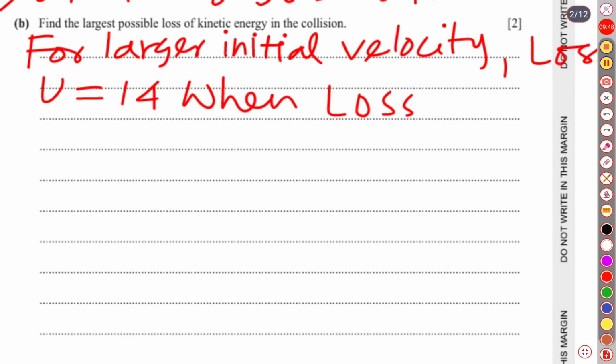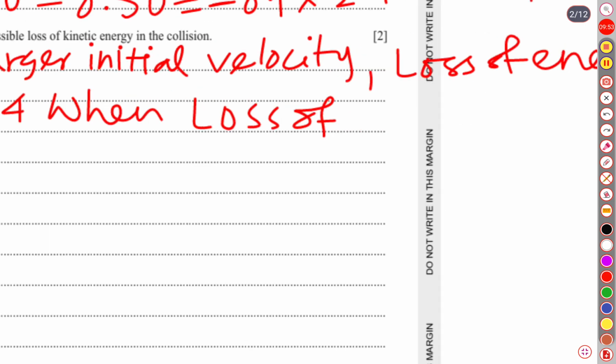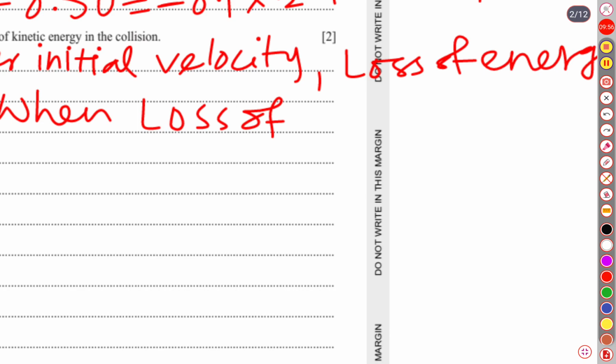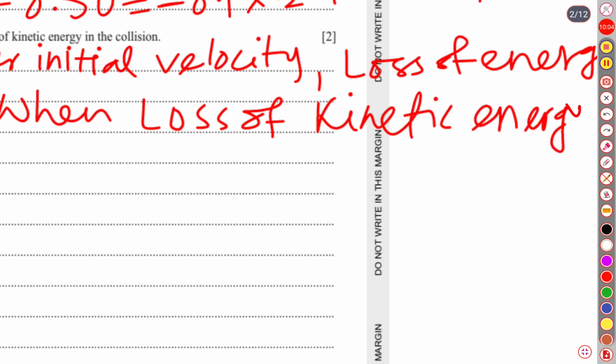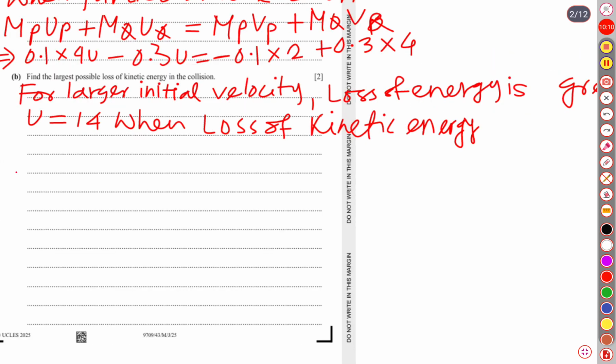Loss of kinetic energy, or energy, whatever you write, is equal to the kinetic energy.